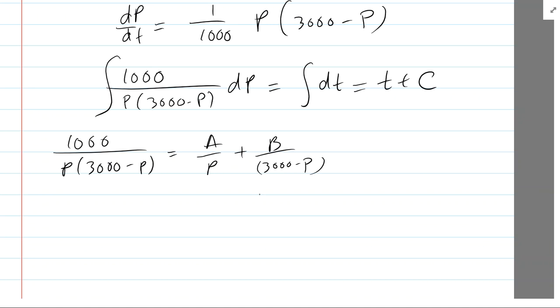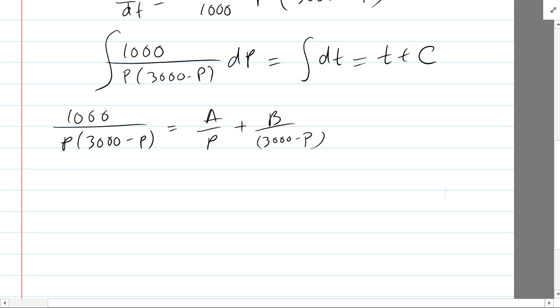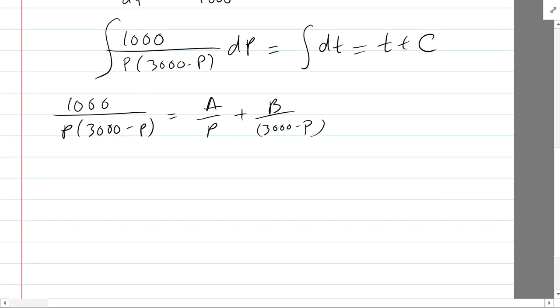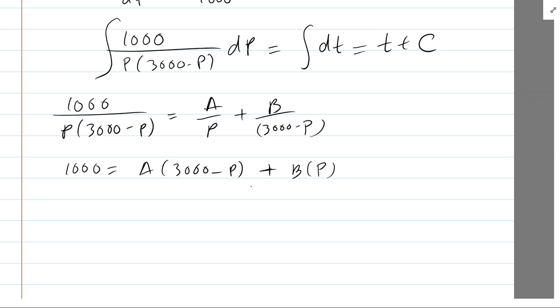But I want to simplify that. I got 1,000 on top, and I'm going to show you how I can simplify this really fast. So 1,000 is equal to A times (3,000 minus P) plus B times P. Instead of being 1 over L, it's going to be this. I'm going to factor out that 1,000 and it's going to end up being 1/3 when you simplify it. You'll get there.